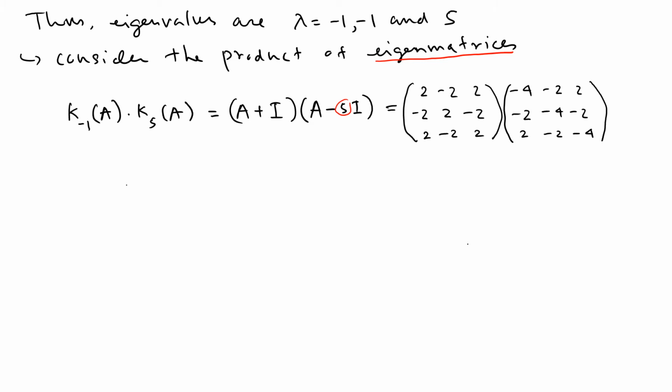So we just multiply this product. How to multiply? You pick a row from the first one, and then you pick a column from the second one. So for example, let's multiply these two. You multiply the corresponding entries and add them. You're going to get 2 times -4, that means -8, and then -2 times -2, that means 4, and 2 times 2 means 4.